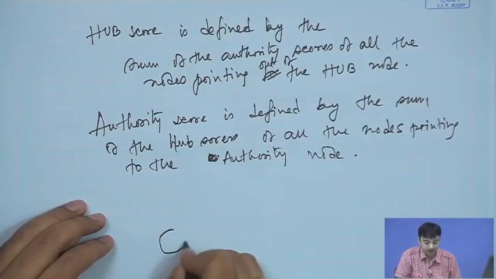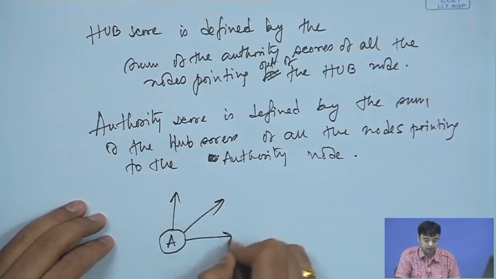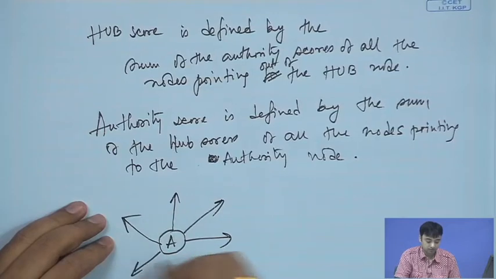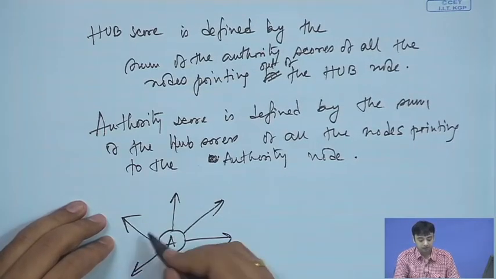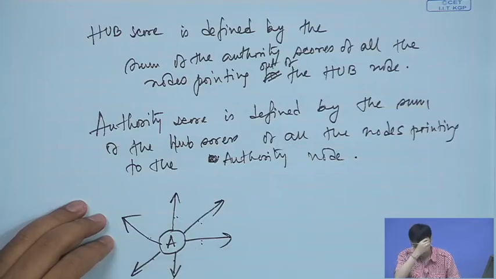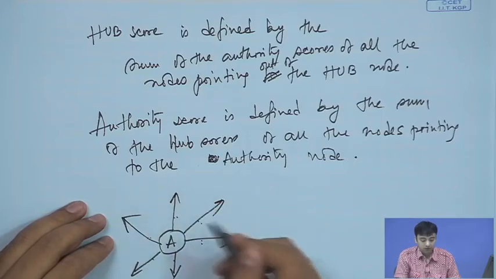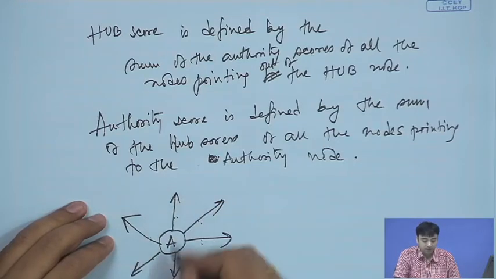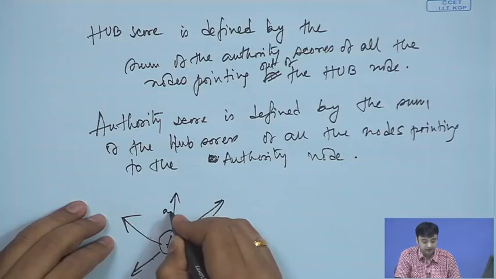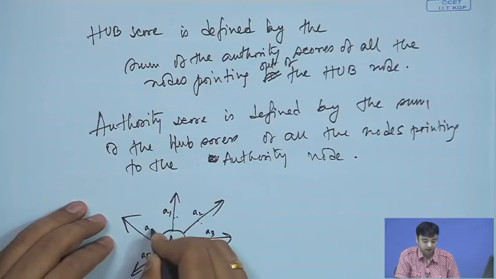Suppose there is a hub node A here, and it is pointing to, say, 6 other nodes. And suppose the authority scores of each of these nodes are given by, say, A1 here, A2 here, A3 here, A4 here, A5 here, A6 here.